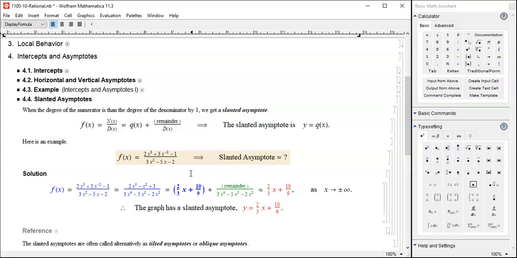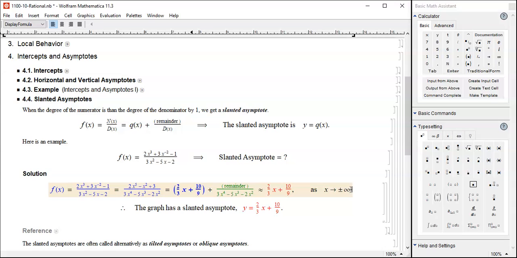Multiply by x to the second power to both numerator and denominator and simplify. You get this expression, something we did before. And then from here, we do the polynomial division, and if you do it right, you're going to get this quotient, and then the remainder over the denominator.